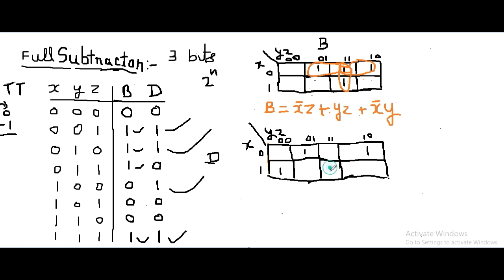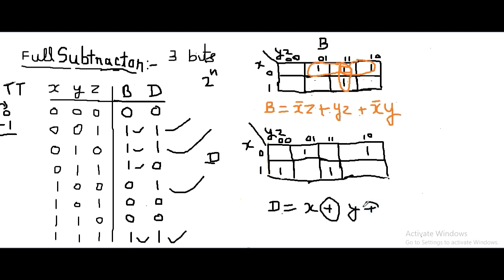So this is the same as the full adder sum Karnaugh map, right? Because there is no grouping, we can directly write x XOR y XOR z.